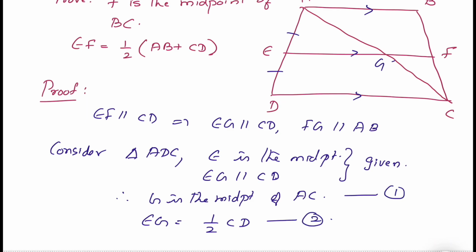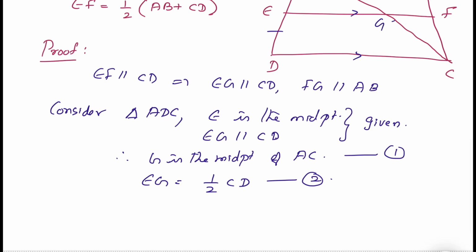Now coming to the next triangle ABC, in triangle ABC, now we have proved G is the midpoint and FG is parallel to AB.